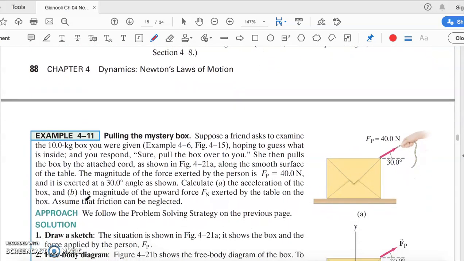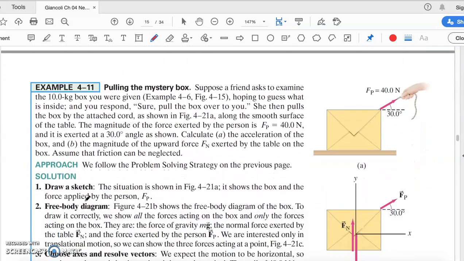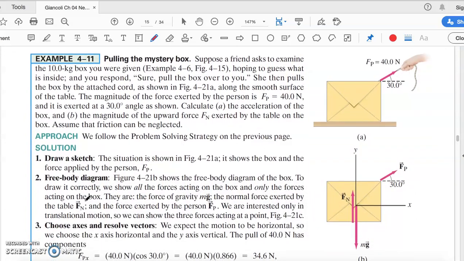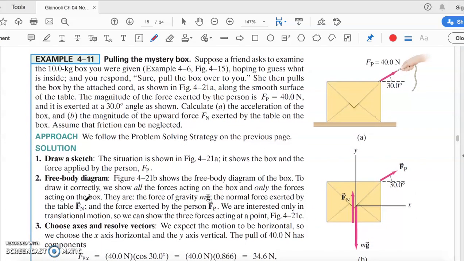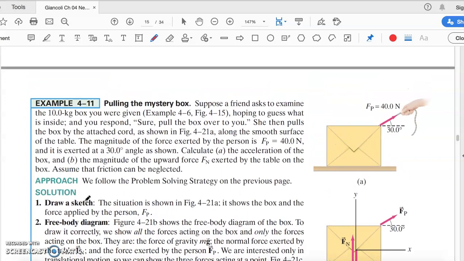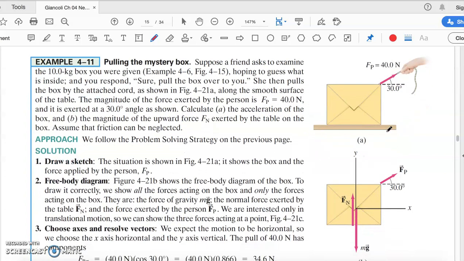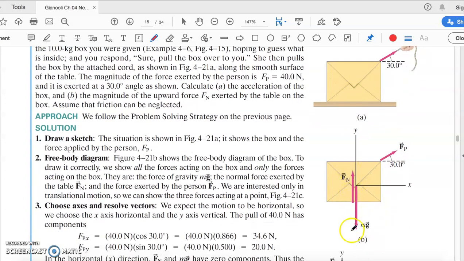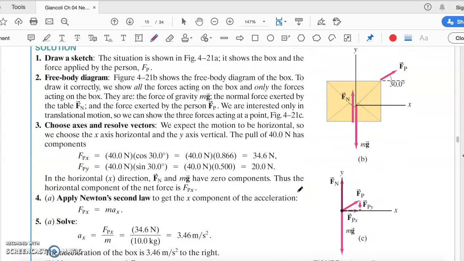Okay, now next record I will be explaining vectors, not simply on the y and x axis only like we have done before, but now we have some kind of vectors with an angle, and that was the reason why we went through the review of vectors, because we will be facing some kind of forces which are acting on the object with an angle, and also we will have forces along the y-axis and maybe friction, so there will be forces along the x-axis as well.